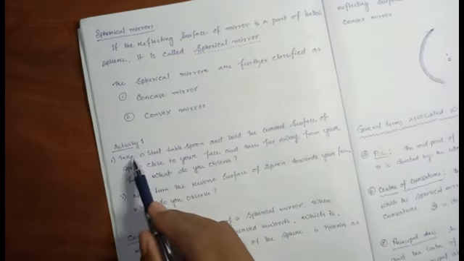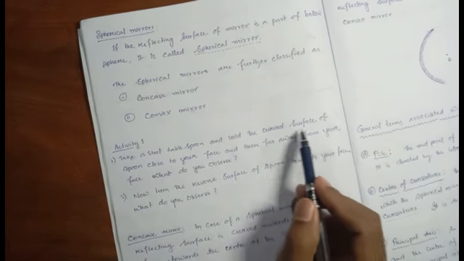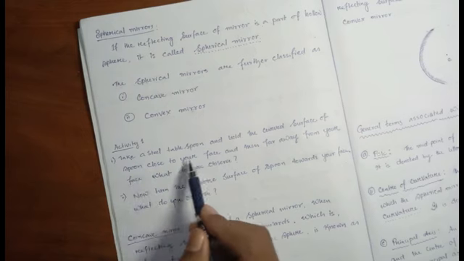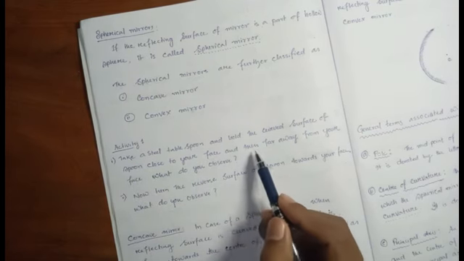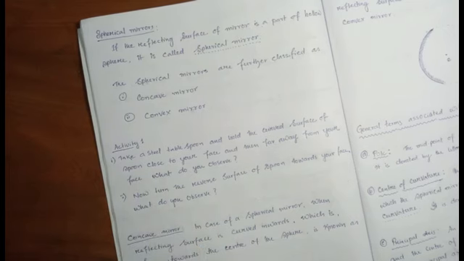Activity 1. Take a steel tablespoon and hold the curved surface of the spoon close to your face, then far away from your face. What do you observe?